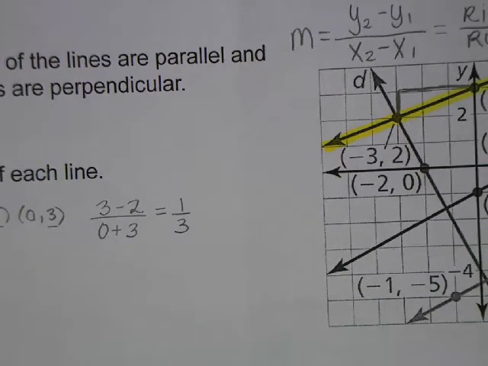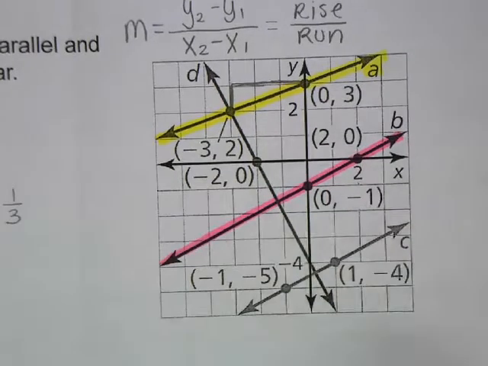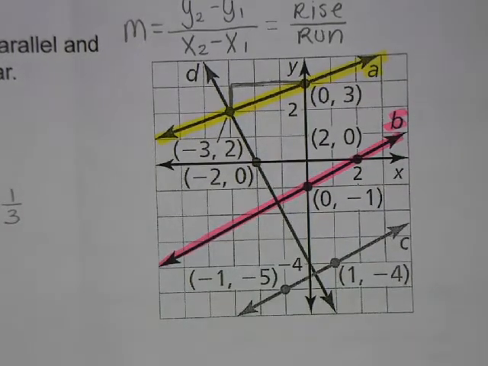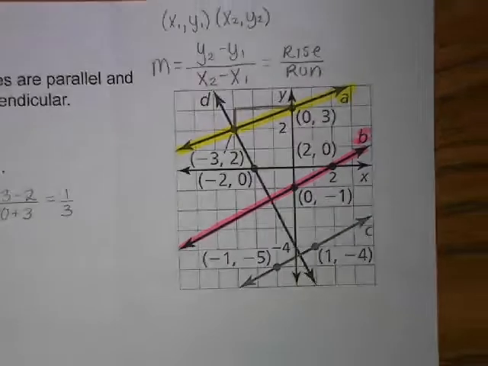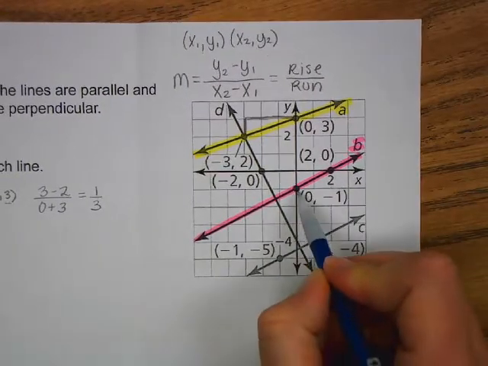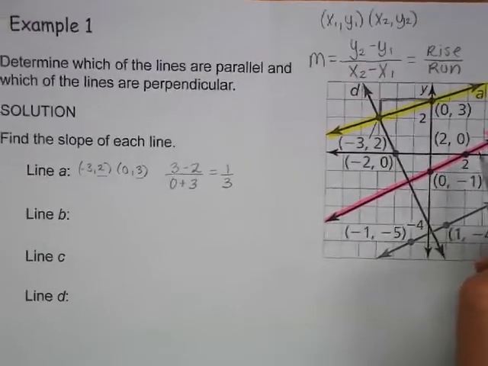Looking at line B, you're going to do the same thing. You're going to pick 2 points on line B and calculate the slope between those 2 points. Line B has points (0, -1) and (2, 0).